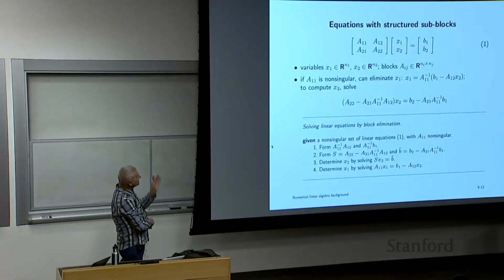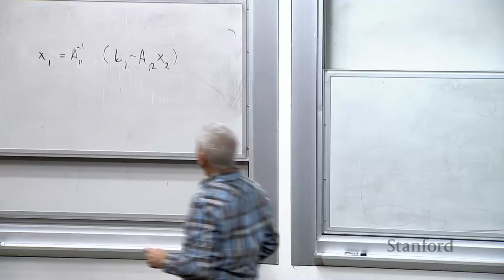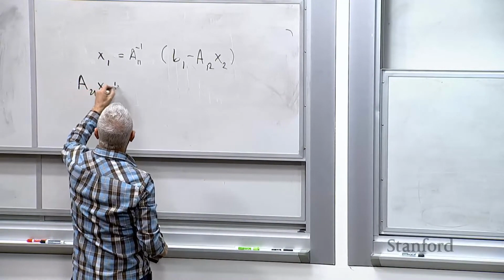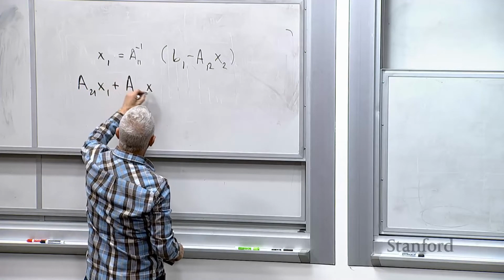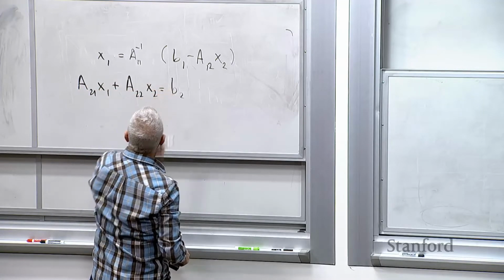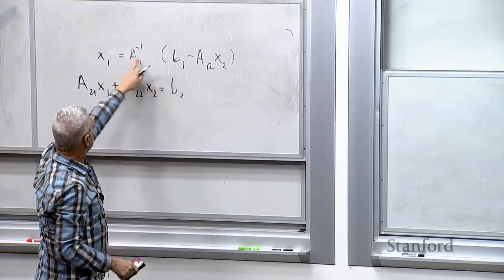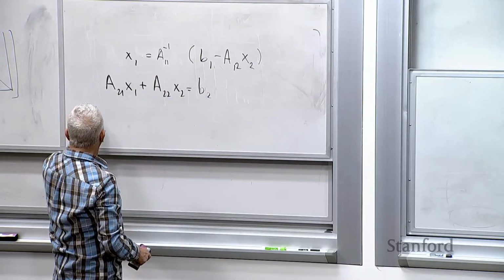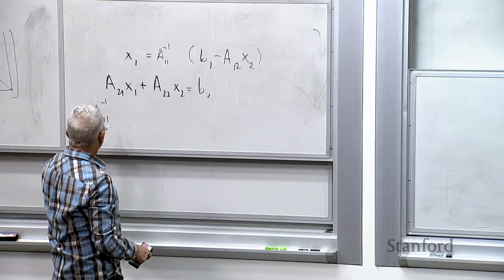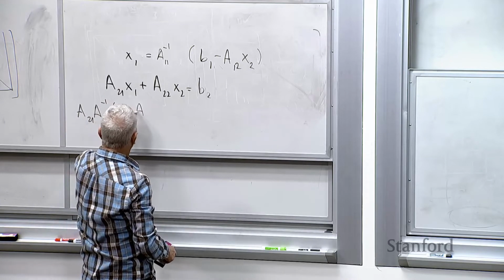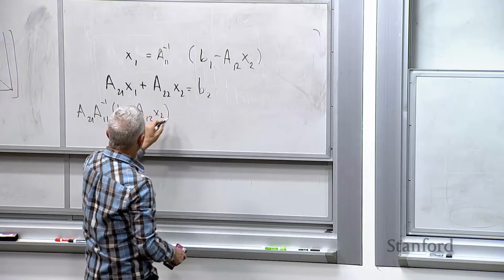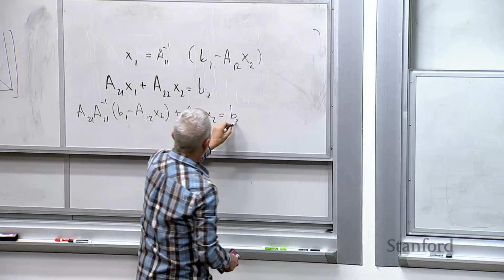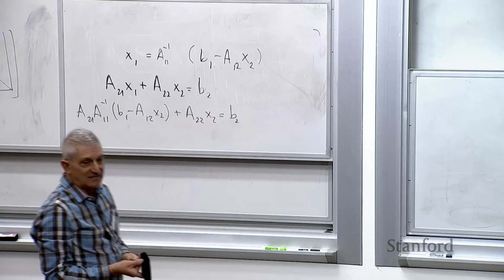I plug this into the second equation, A21 x1 plus A22 x2 equals b2. Plugging this expression in, I get A21 A11 inverse times (b1 minus A12 x2) plus A22 x2 equals b2, right? Makes sense.